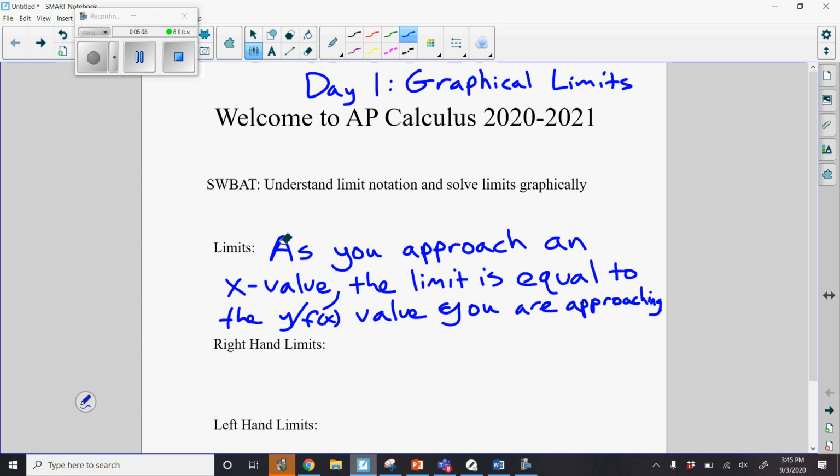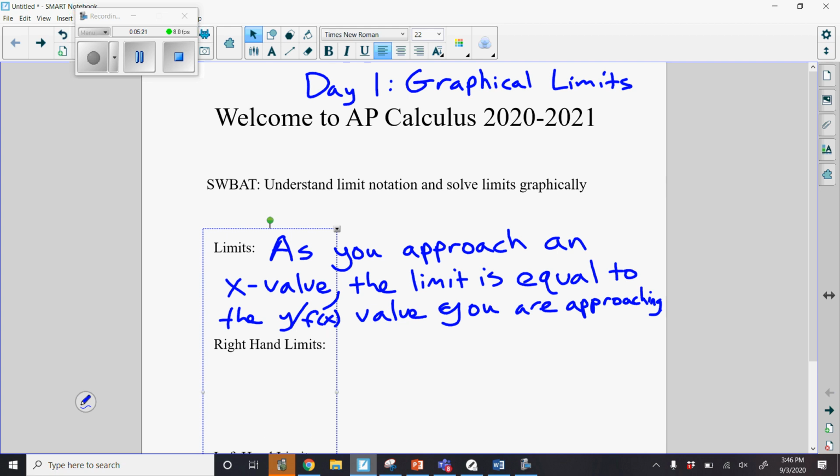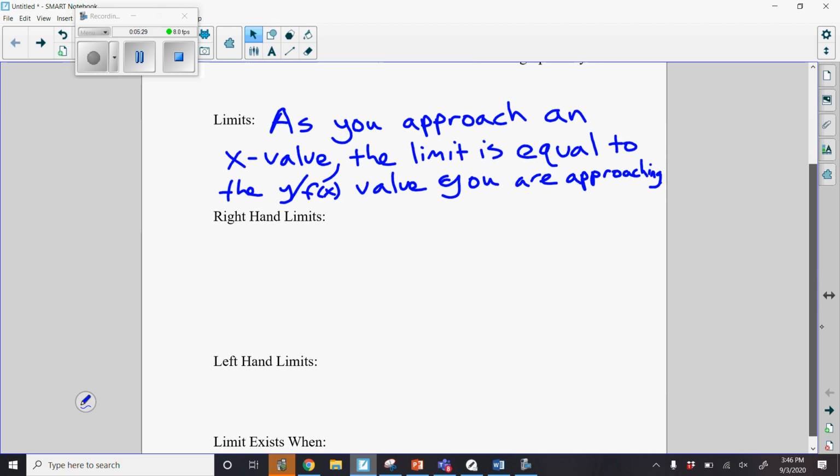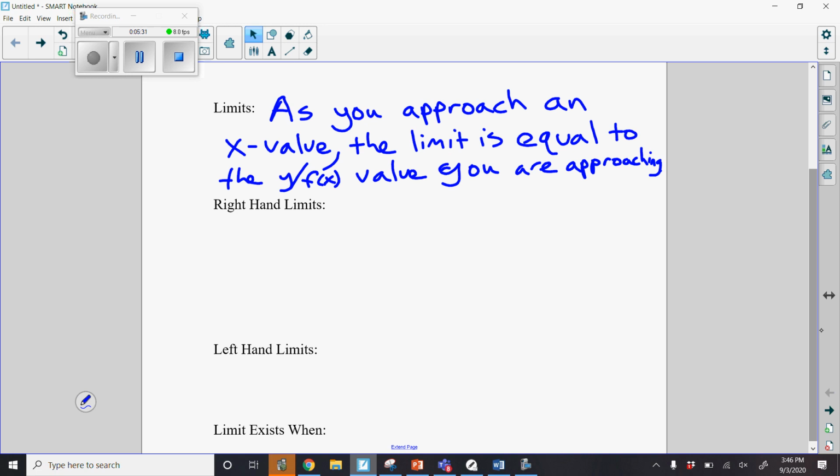So let's talk a little bit about right-handed limits first. The first thing I want to talk about is right-handed limit notation.